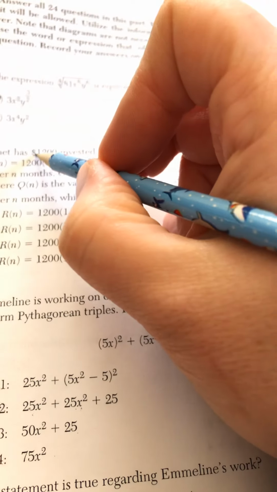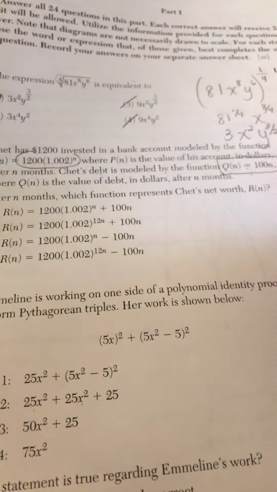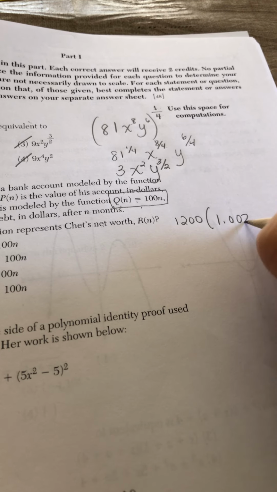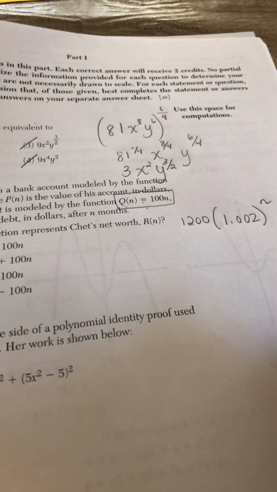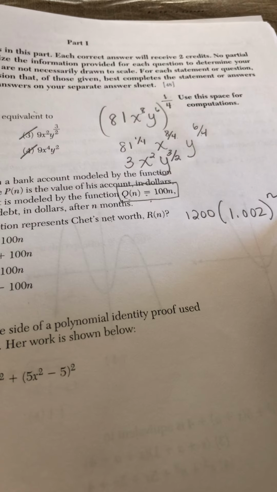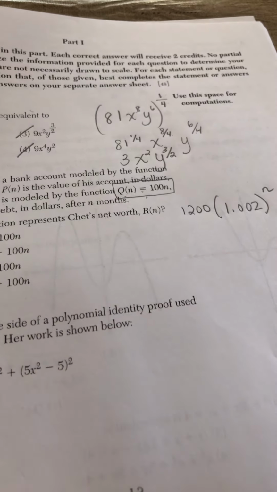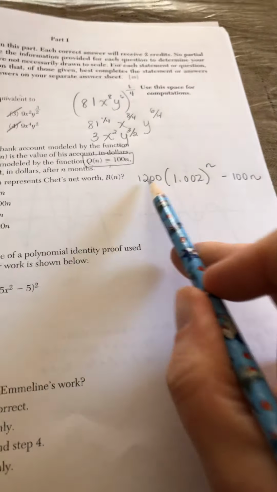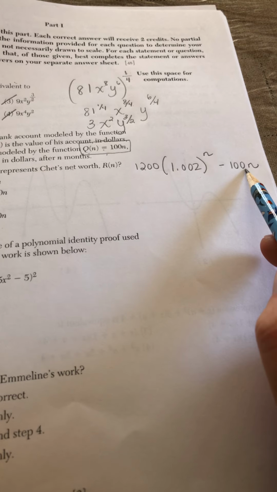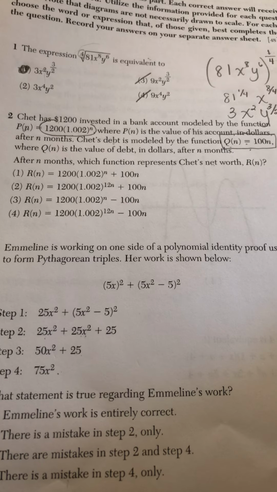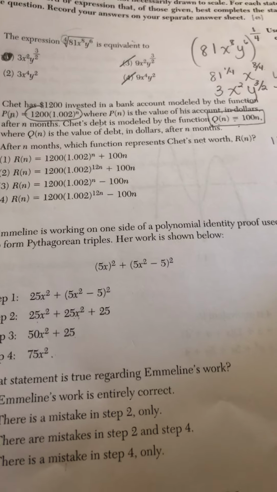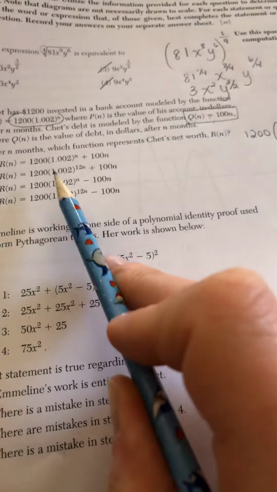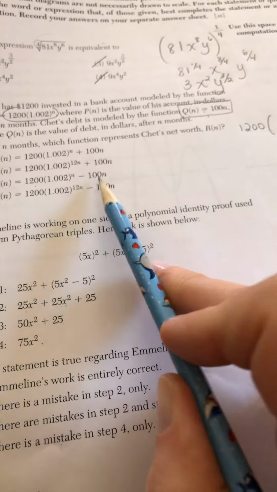So what we're going to do is we're going to take the amount of money in my account, which is the 1,200 times 1.002 to the n, and we're going to take away my debt. That's going to tell me how much money I'm worth. My profit, take away my debt. I just take a look over here, and the answer is number 3. Done. All right, I just took the profit minus the debt.